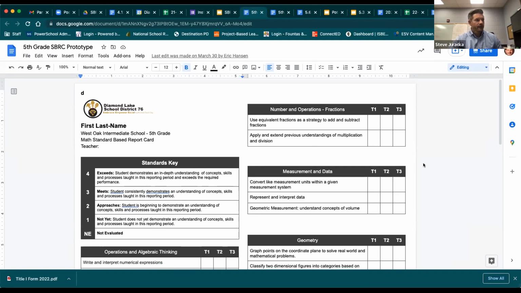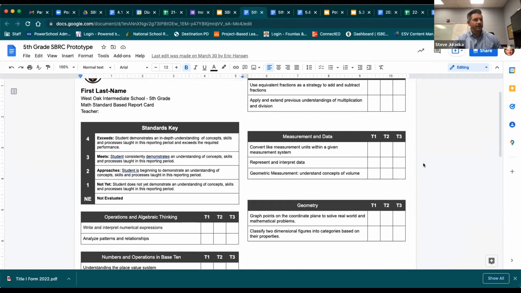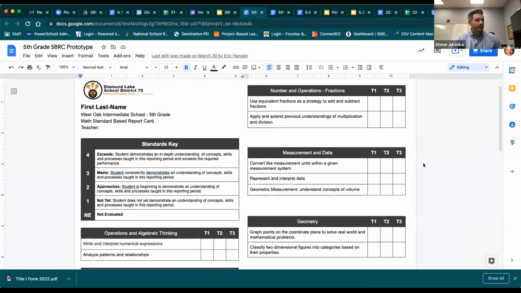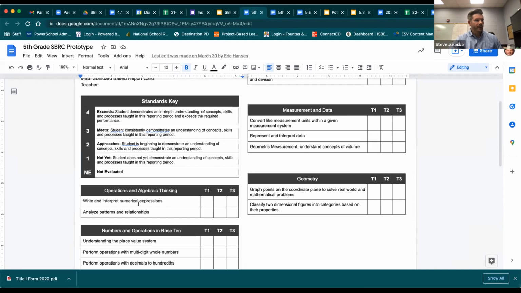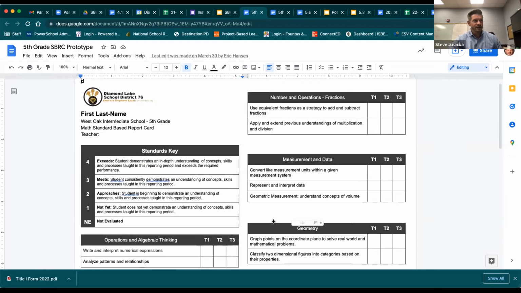But essentially, this would be a fifth grade report card, and these would be the standards that would be covered in fifth grade math. They would be related to operations and algebraic thinking, numbers and operations in base 10, and you can see the specificity there that is related to each of those content areas.